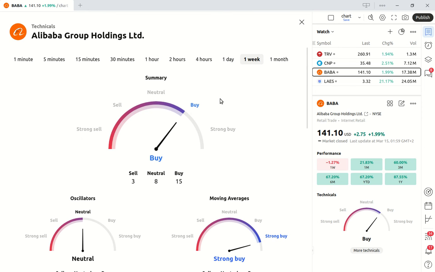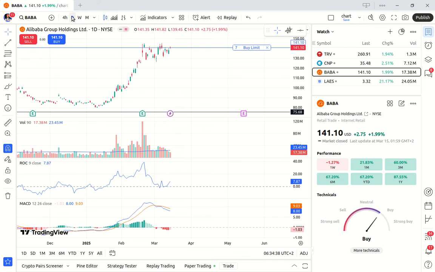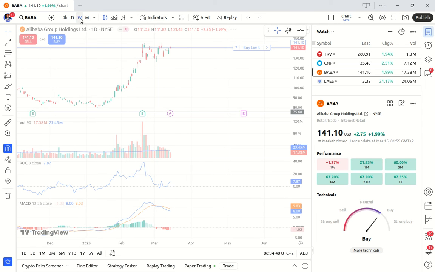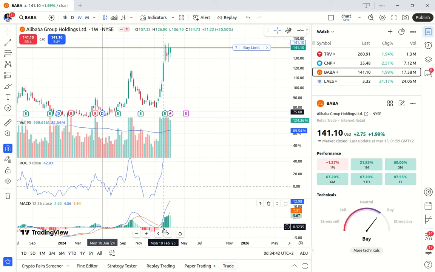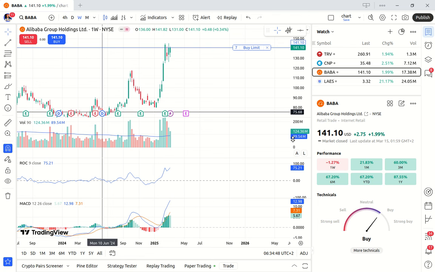So Alibaba is definitely a long-term trade, because I looked at it from a long-term perspective, because I looked at the MACD level on the week, which you can see right here. Alright, so you look at the MACD level on the week, it gives you a buy signal on high volume.